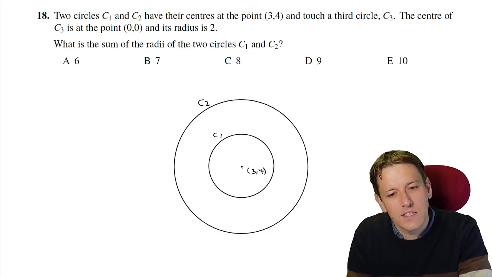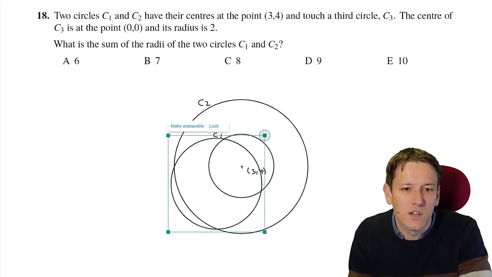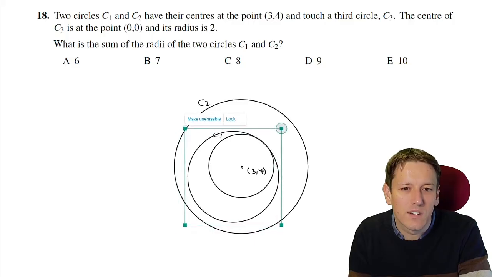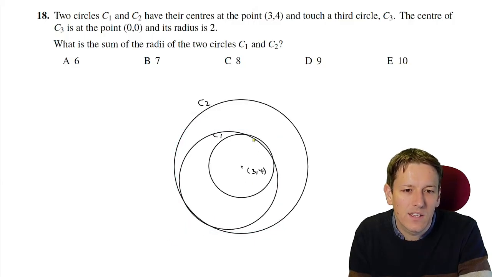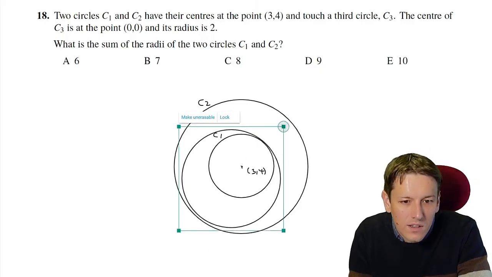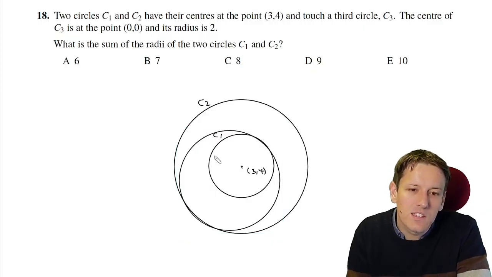Now, there's kind of two ways that I could make another circle just touch these two, right? I could maybe have one something like this, but you quickly realize that in this situation, I can't quite get it to exactly touch here. In this situation, if the centre of this one is the origin, well, this distance from the origin to 3, 4, it'll be a 3, 4, 5 triangle.